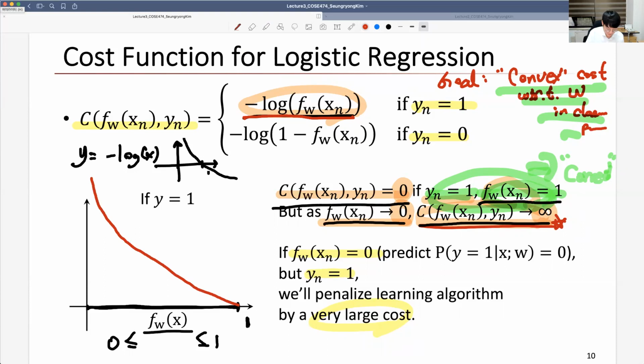In this case, if f(x) is going to 1, the cost should be reduced or decreased, and if f(x) is going to 0, the cost should be increased. So this is our new cost function for the logistic regression problem. Are there any questions so far?